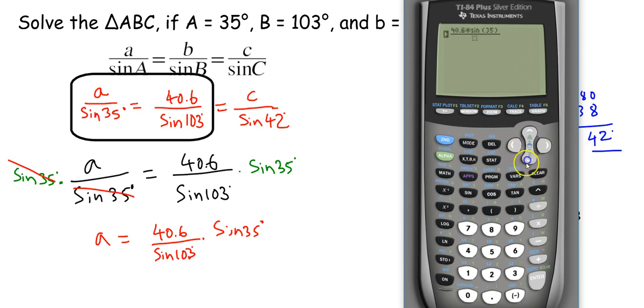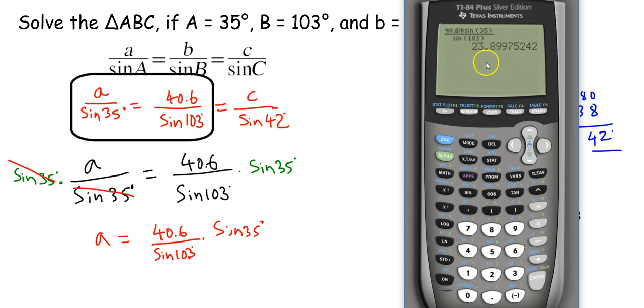And in the denominator, you have sine 103 degrees. Sine 103, close parenthesis. Hit enter.